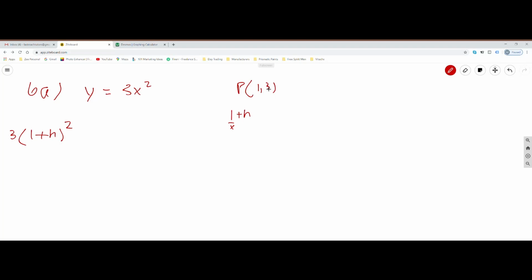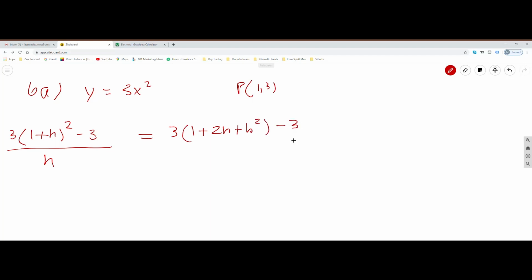If it's a negative number, it becomes positive, but since this is a positive number, it's minus 3 over h. So 3 times 1 squared is 1, plus 2 times 1 times h is 2h, plus h squared.